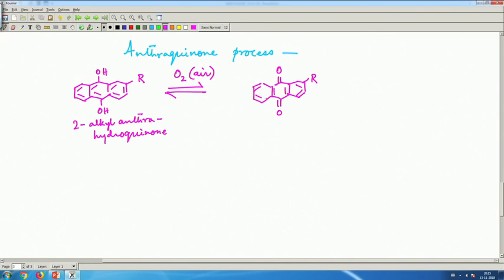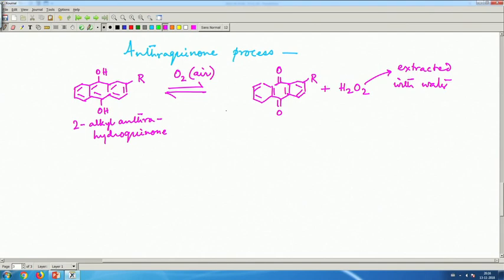So, this quinone is forming, 2-alkyl anthraquinone is forming. When it is forming, it is also giving us the production of hydrogen peroxide. This hydrogen peroxide is then extracted with water.